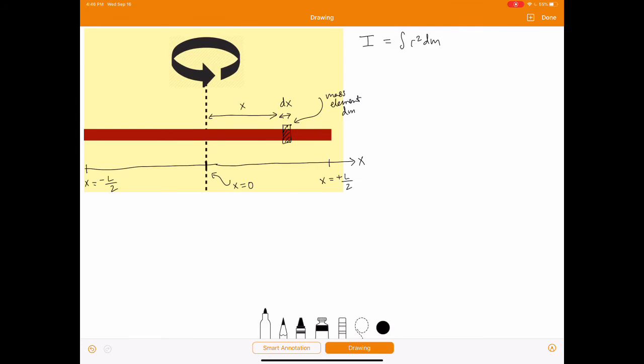Since x equals 0 is at the axis of rotation, what I'm showing you here is the x-coordinate of that mass element. So right away, r is just equal to x, because r is the distance of the mass element from the axis of rotation.